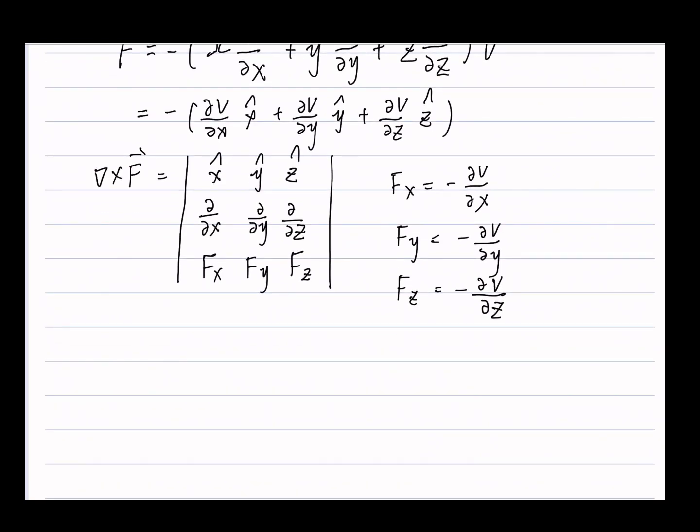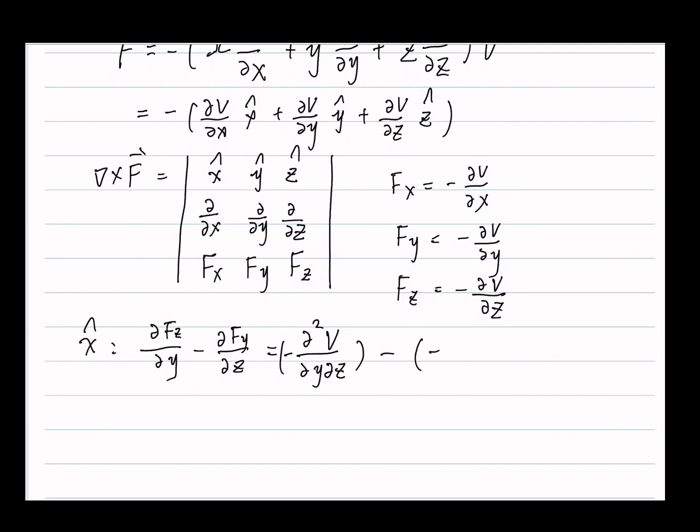So for the x component, it should be partial Fz partial y minus partial Fy partial z. So this gives minus partial squared V partial y partial z, and the minus sign of partial squared V partial z partial y, and this gives 0.